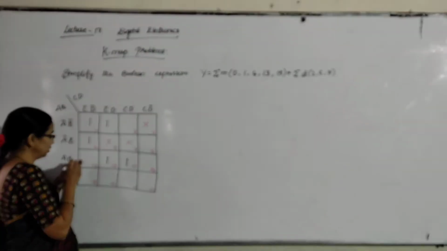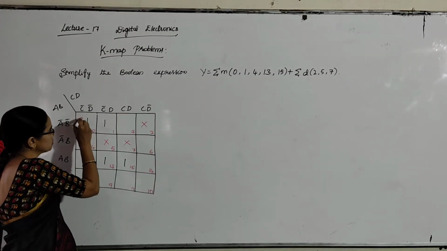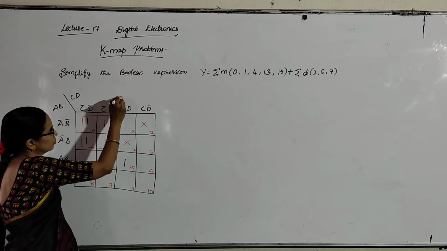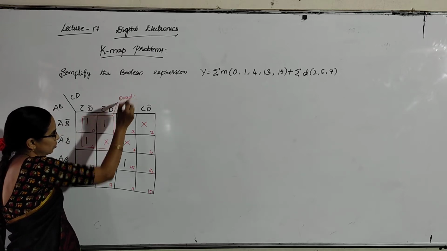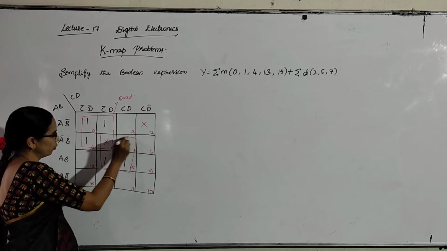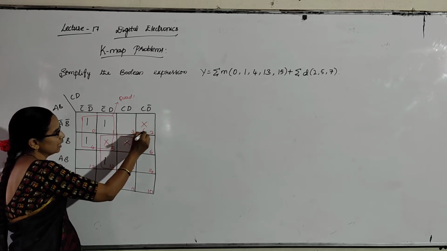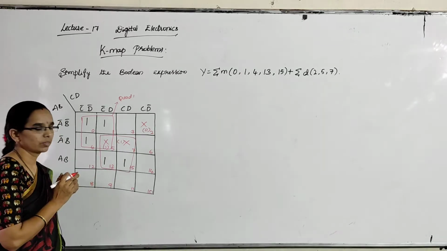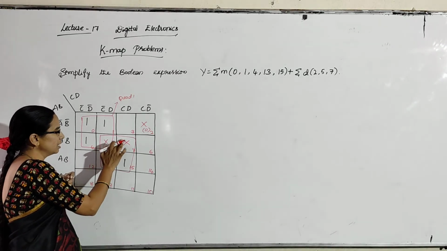So I will make the groups. This is one quad and this is one more quad. I will consider this as 0, these two are 1s. No need to mark this, it is understood.